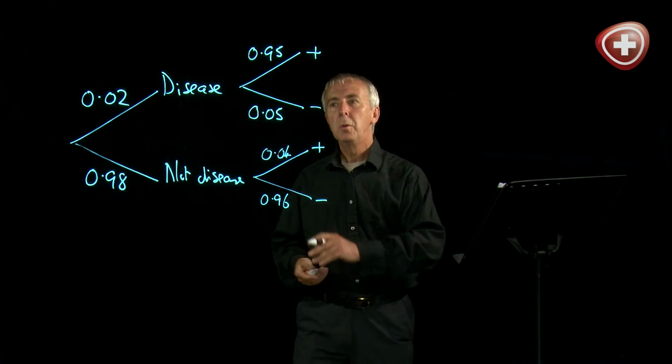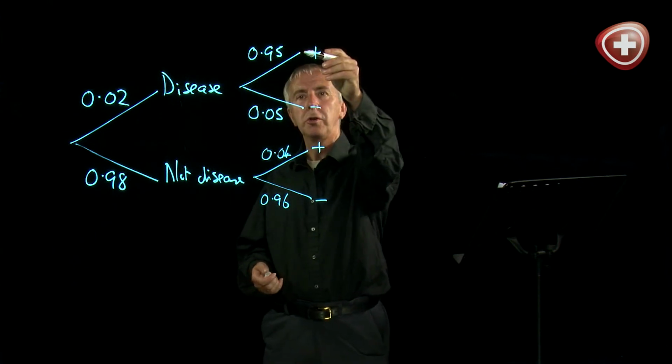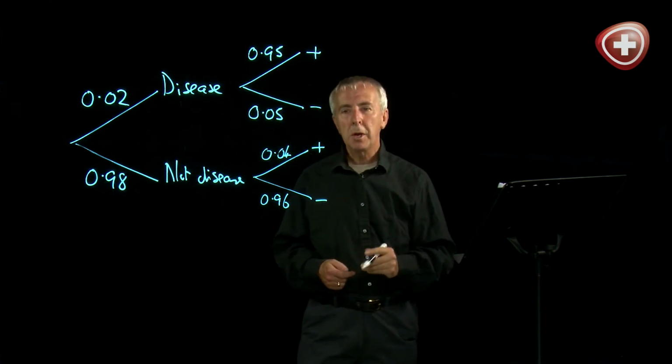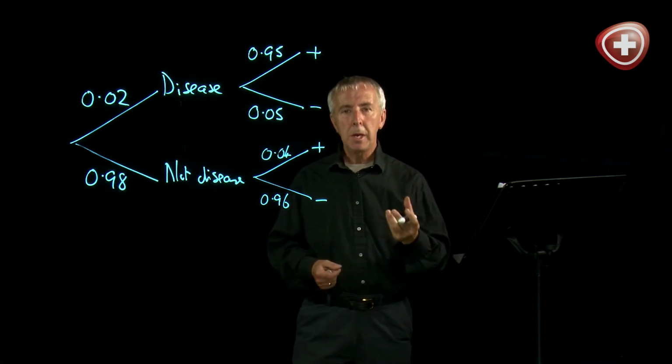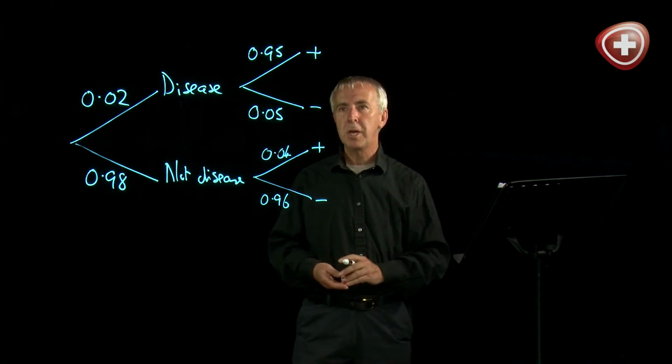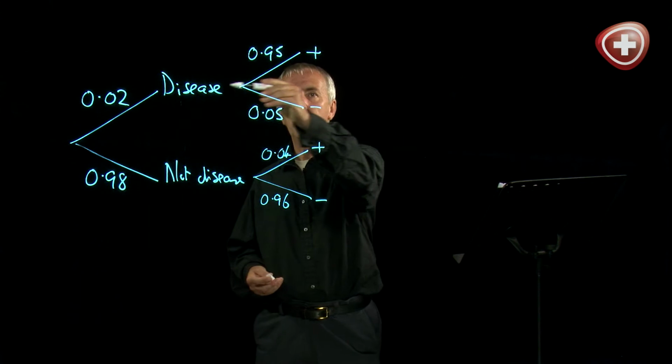As before, we can now multiply along the branches, and we're going to be mainly interested in people who have a positive result from the test. So that's the top branch.